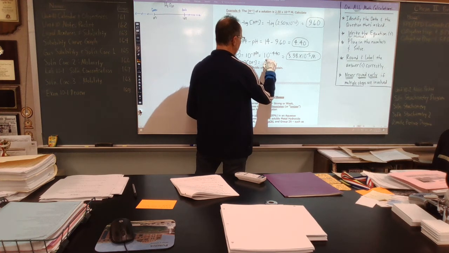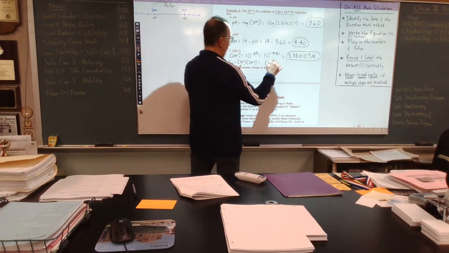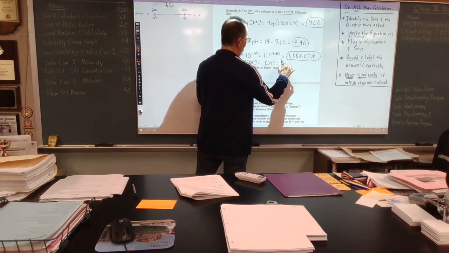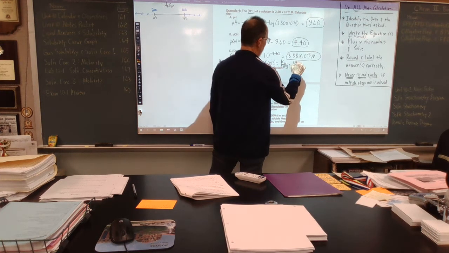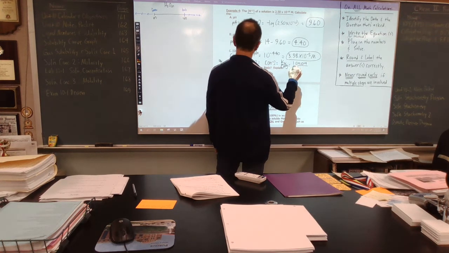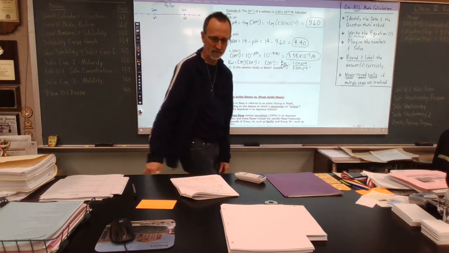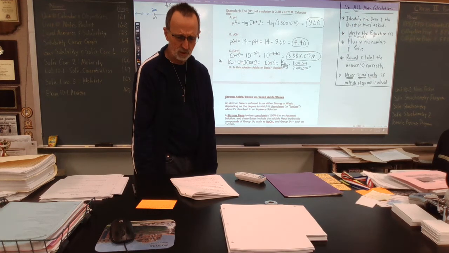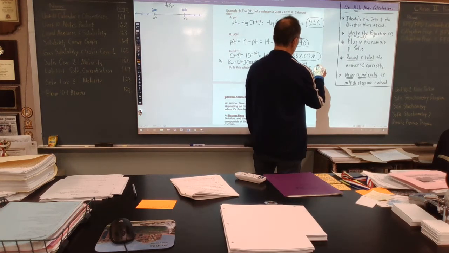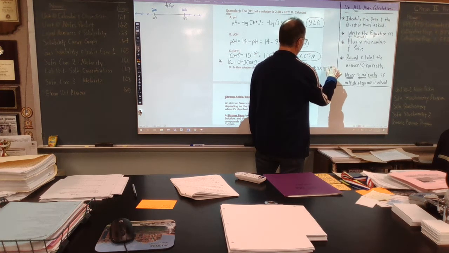So that would mean the hydroxide ion concentration would be equal, if we divide this out, to Kw over the hydrogen concentration, which would be 1.0 times 10 to the negative 14 over 2.50 times 10 to the minus 10. And if you do it that way, you get 4.0 times 10 to the minus 5th molar.